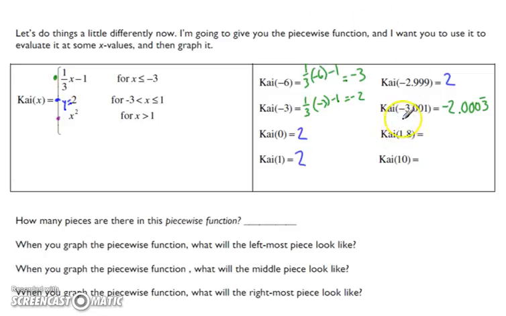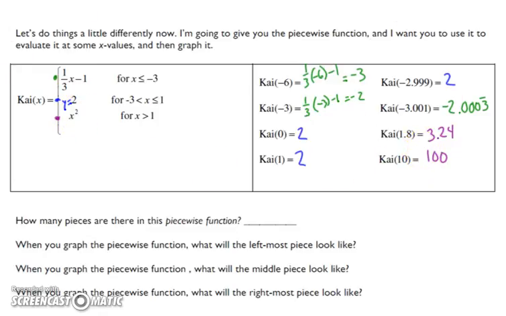If I plug in 1.8, that's going to go in the purple section here because it's greater than 1. And if I square 1.8, you should get 3.24. And 10, again, greater than 1, so that's my purple section here. And so it's going to be squared, so I plug it in, 10 squared, 100.